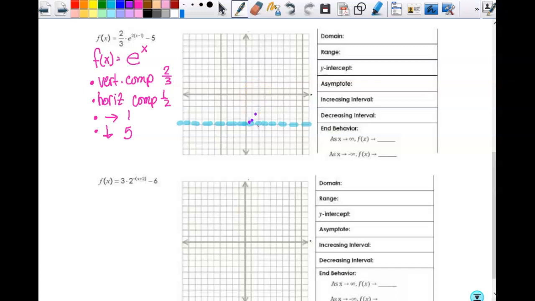So I've got my minimum of 3 points, but I also need my y-intercept. In order to find that, y-intercept is when you set x equal to 0. So this is going to be f of 0, which will give me 2/3 times e to the 2 times -1, so -2 power, minus 5.